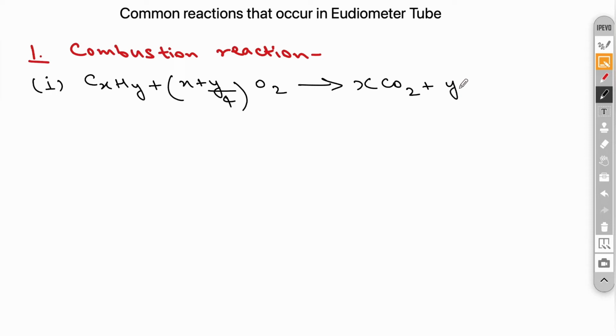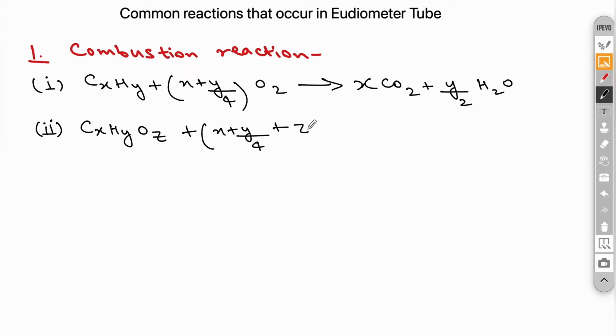by 2 H2O. The second type of reaction that occurs here is CxHyOz plus (x + y/4 - z/2) O2 giving us xCO2 plus y by 2 of H2O.